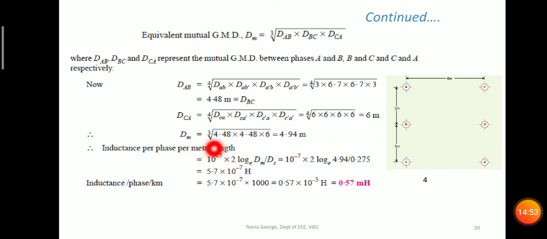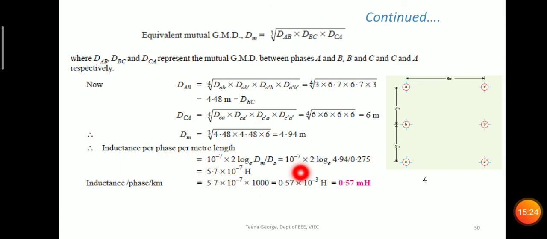Now DM is the cube root of all these multiplied. DAB equals DBC, the same distance. So DM is the cube root of 4.48 into 4.48 into 6, which gives 4.94 meter. So we have got DM and Ds.